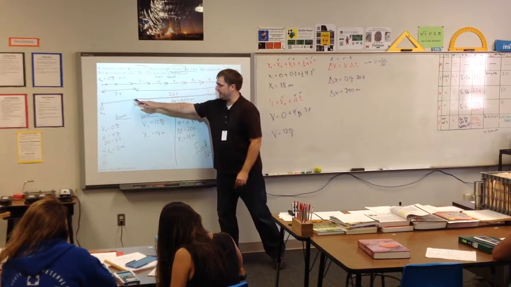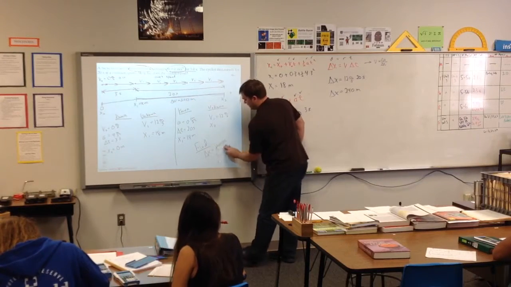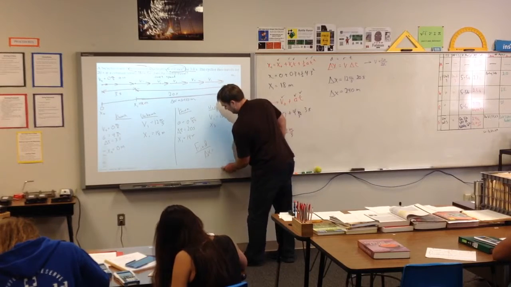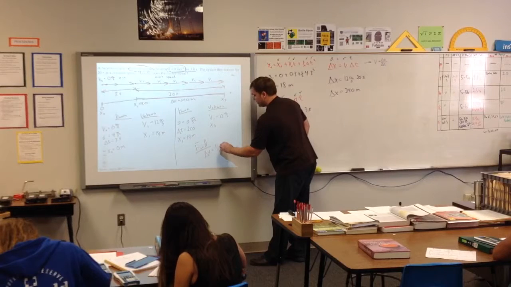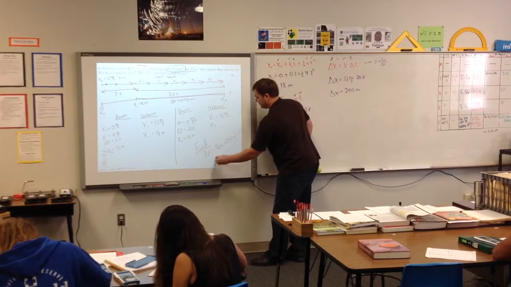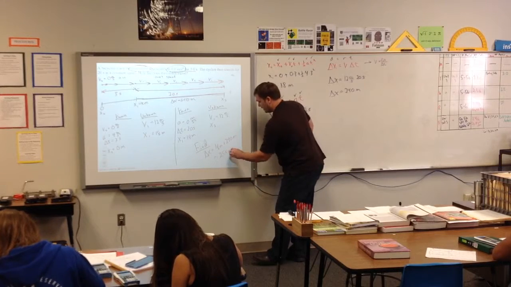So I'm going to have to add that to the 18. So I'm just going to stretch this over here. So our final answer is going to be 18 meters plus 240 meters, total of 258 meters.